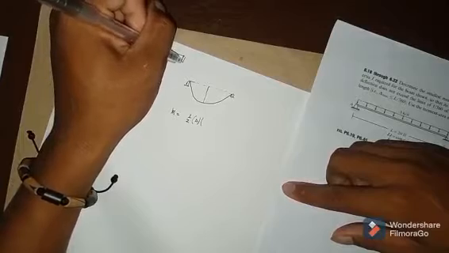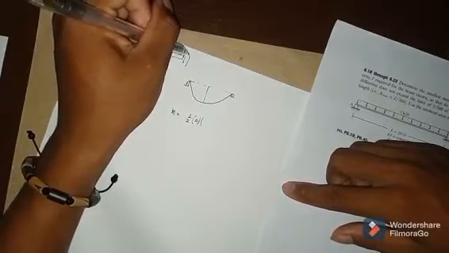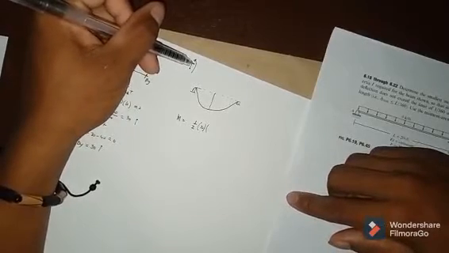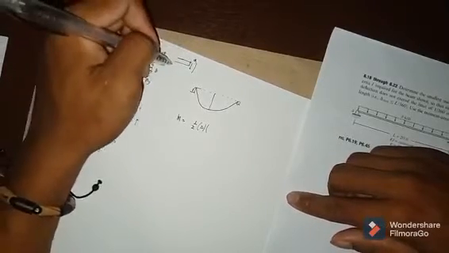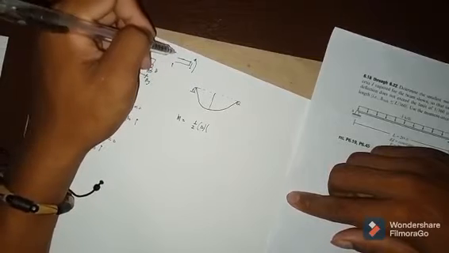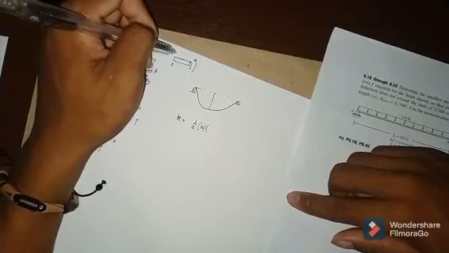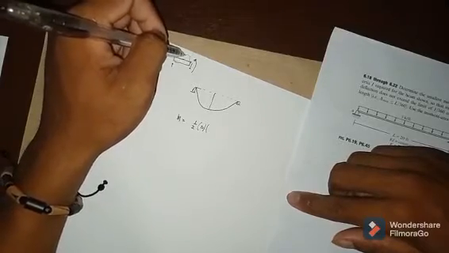Positive shear is downward, and positive moment is rotating counterclockwise. Suppose we have the 30 reaction here and a distributed load here.